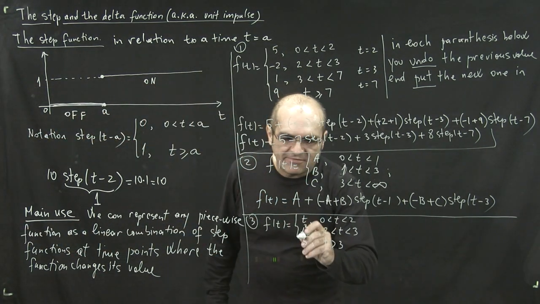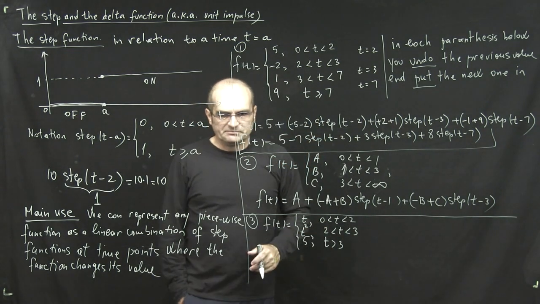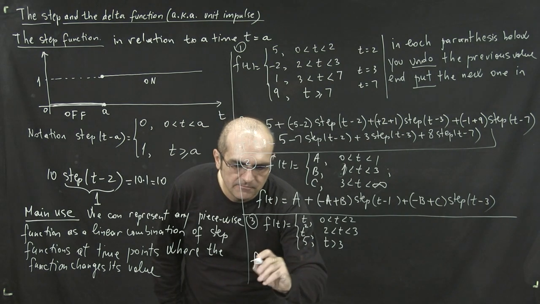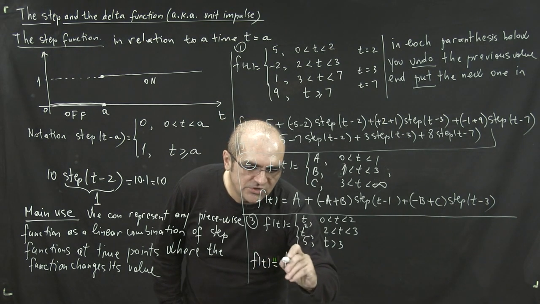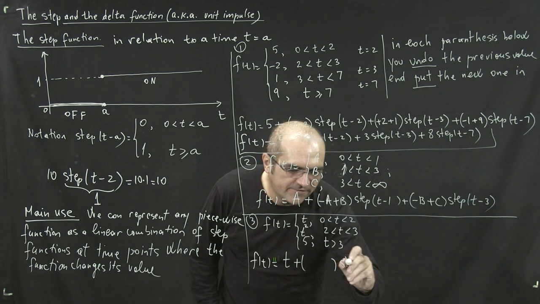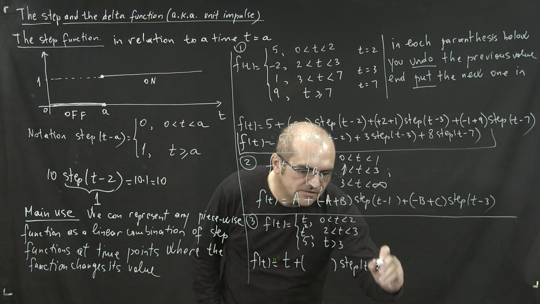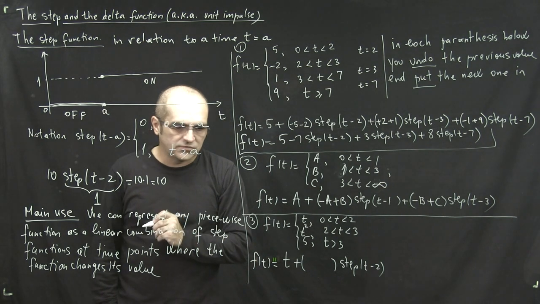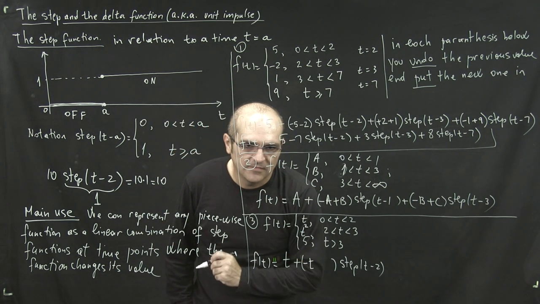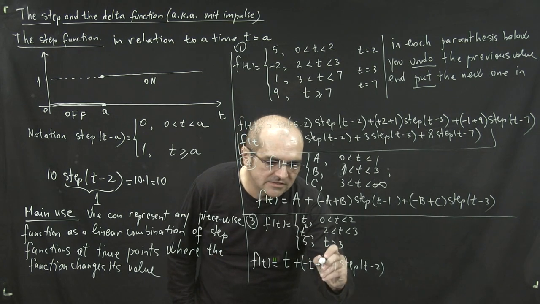When you write this with step functions, the same idea works as before. You start with the first value, which is t. Then at the first point where the function changes, which is t equals 2, you undo the previous value, that means you subtract t, and put the new value in, plus t squared.